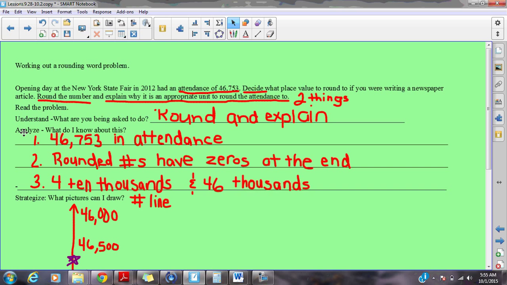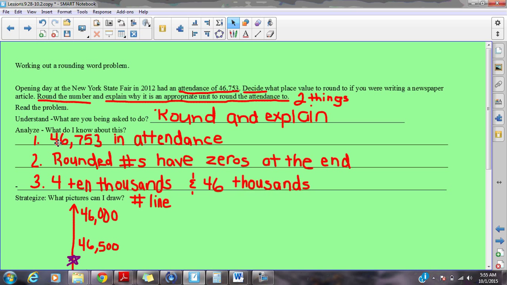Number two is analyze. What do I know about this? I am getting information from the word problem and also from what I've learned in class about rounding, because rounding is what I have to do. So I know that the problem tells me that there's an attendance of 46,753 people.